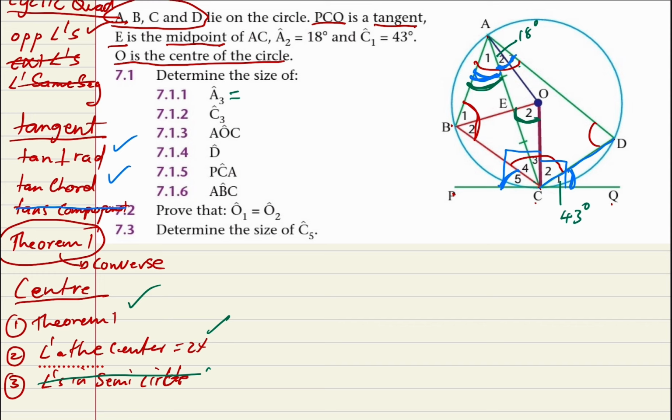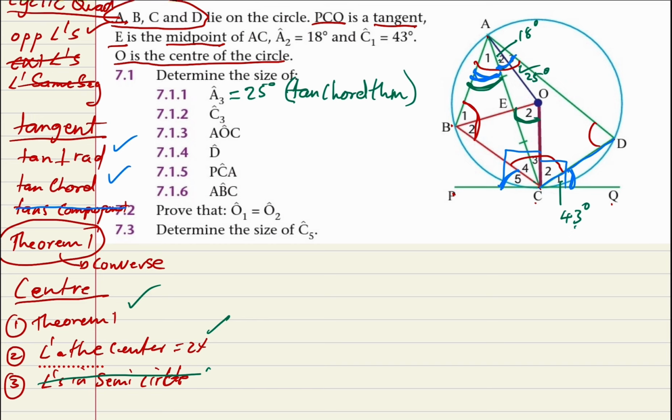That means A3 is 25 degrees. Why? It's because of the tan chord theorem. This angle, we said it's equal to the whole of that one, but this one is 18. So I'm going to say 43 minus 18 to get this one. So I've already gotten it, and I write it down. That is 25 degrees.